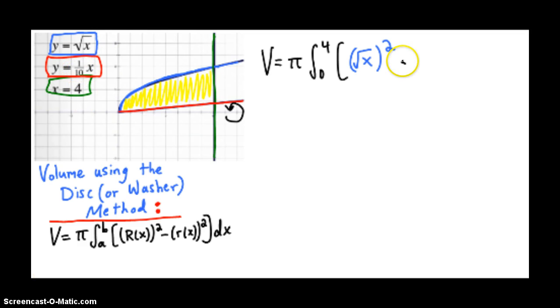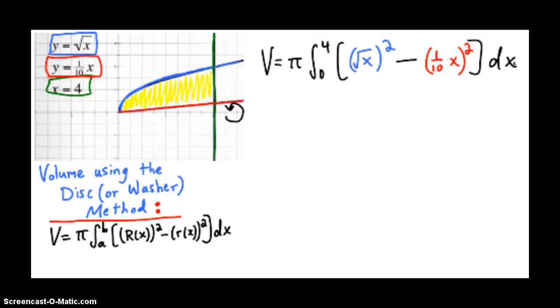So we're now going to subtract from the big R the little r, which is 1/10 x, which has to be squared. And then we have our integral with respect to x. And so that right there represents the volume of that solid that we saw revolved around the axis.